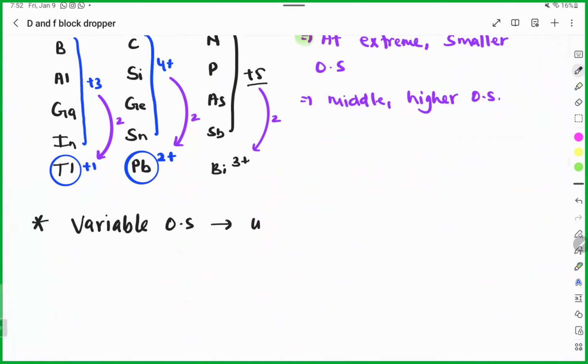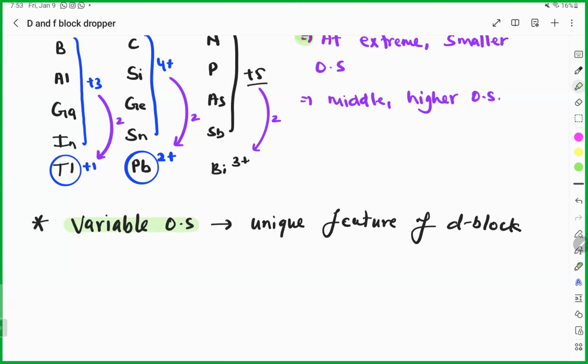Variable oxidation state is the unique feature of d block elements. It is not present in others. Example, manganese can show +4, +2, +7. Even +6 is also possible, K2MnO4. So there is a lot of variation in the oxidation state.